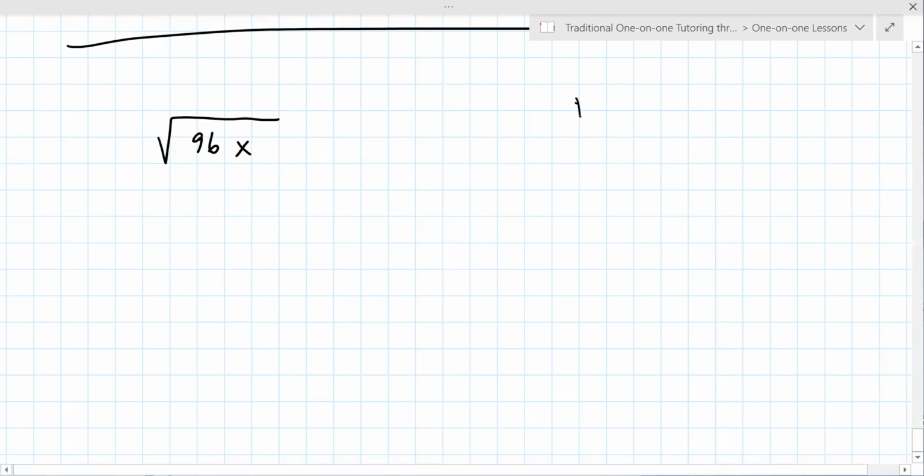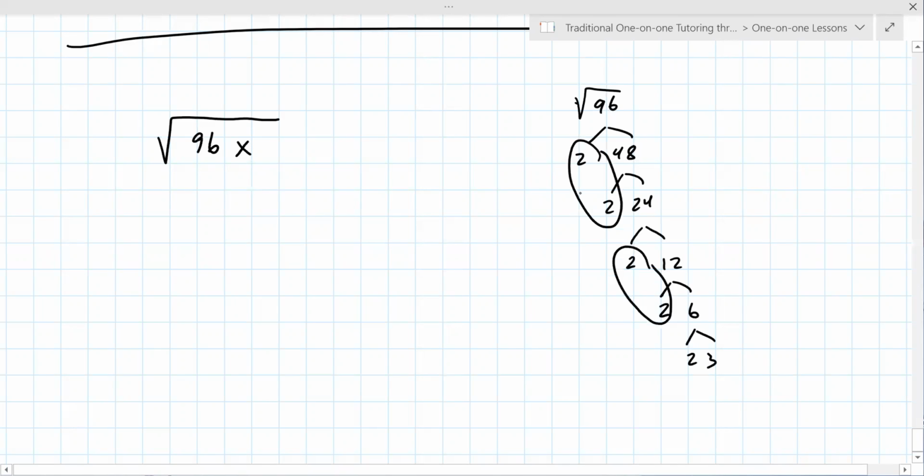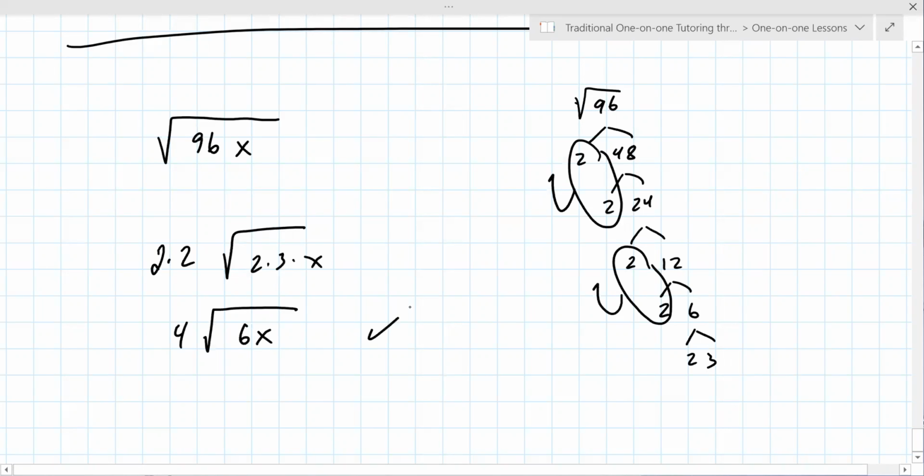I'm just going to start working this out off to the side here. So I got 4 outside the square root of 6x. Perfect. Awesome. Good job.